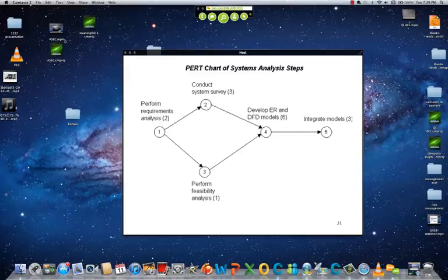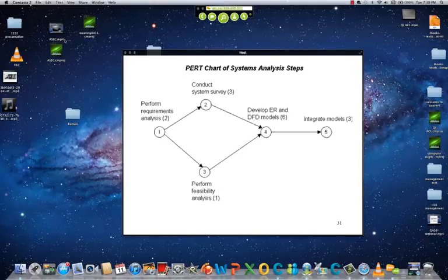Then, after you've finished 1, 2, and 3, you should develop ER and DFD models. You can't do it sooner. First, you have to complete stages 1, 2, and 3. Finally, you have to integrate models. This is the 5th stage.